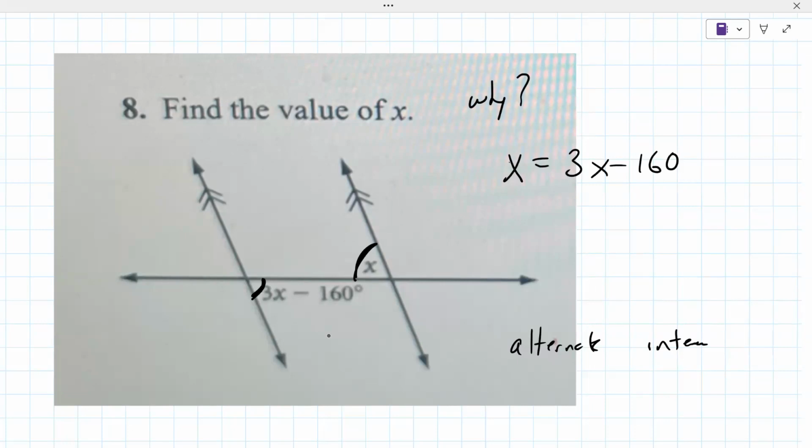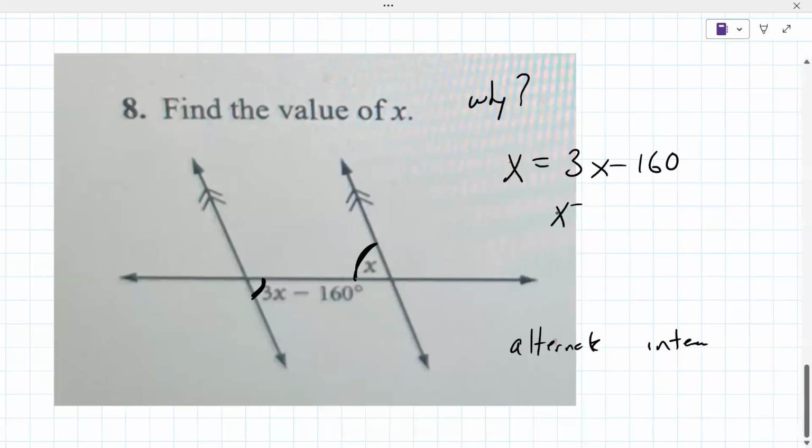So I'd like you to solve for x, please. Does x equal 80?